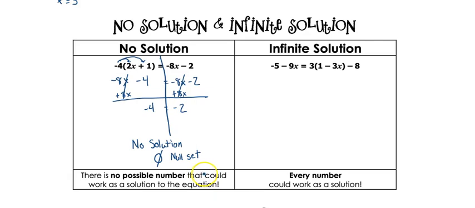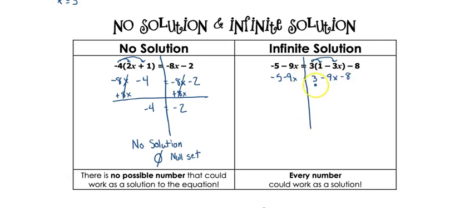So if we can have no solution, we can also have the opposite of that, which would mean every solution. So let's see what that looks like. I'm going to go ahead, give myself my balance. On the left, well, that's already simplified, so I'm just going to go ahead and bring that down. But I look on the right, I'm going to need to do a little distribution. So that's 3 minus 9x minus 8.